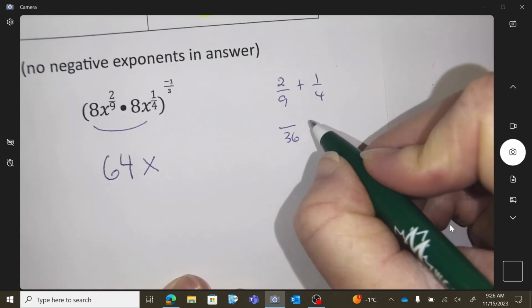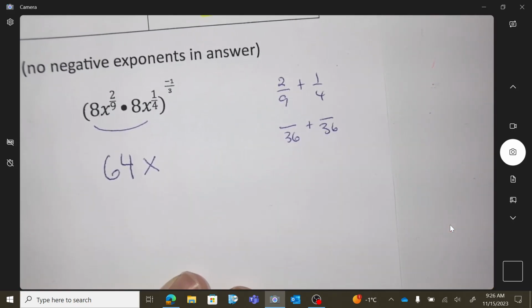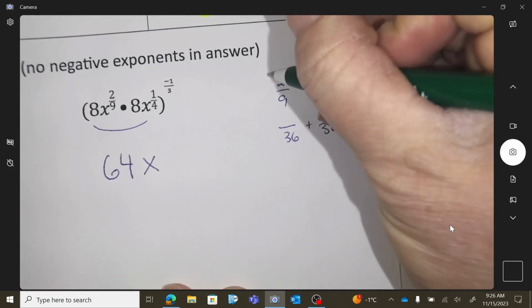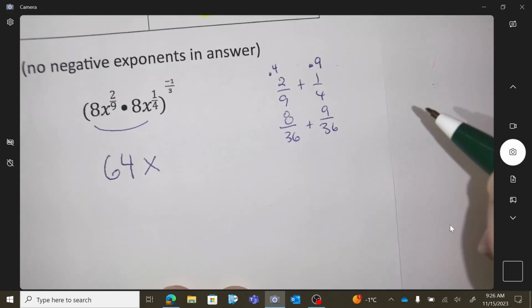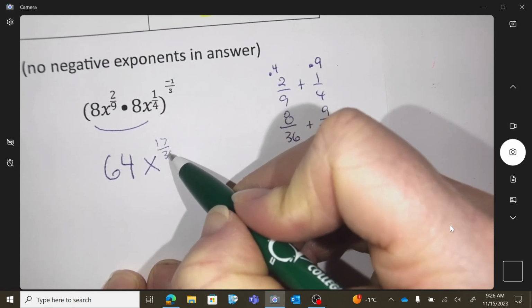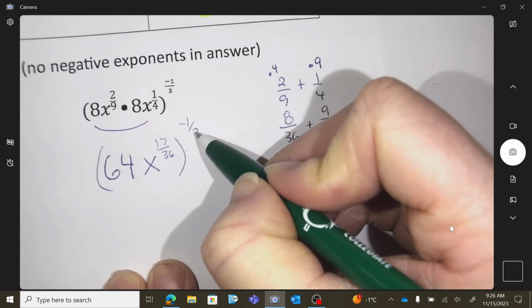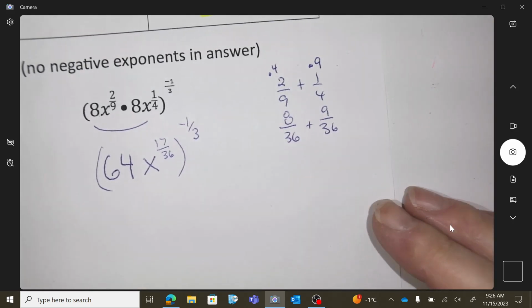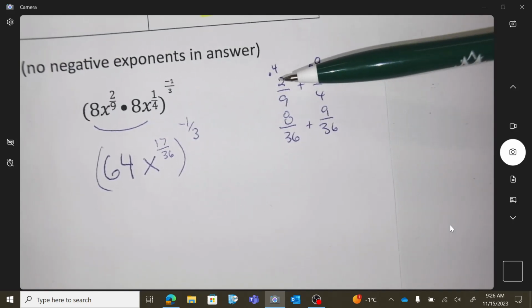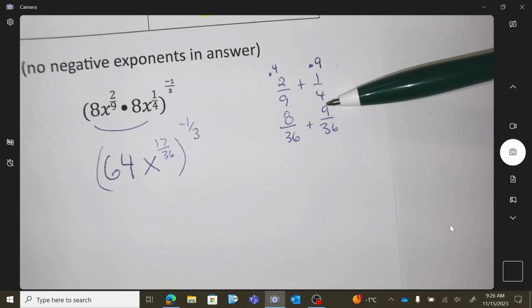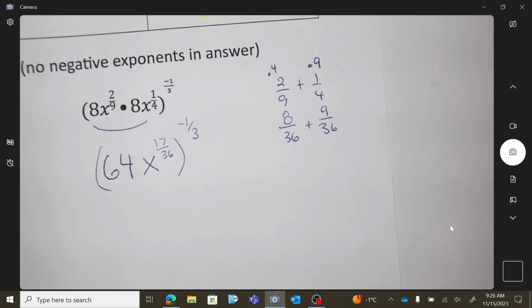I want to change both bottoms to be a 36, common denominator. Okay, so there you see me doing my common denominator work. Multiply that by 4, by 9, 17 over 36.